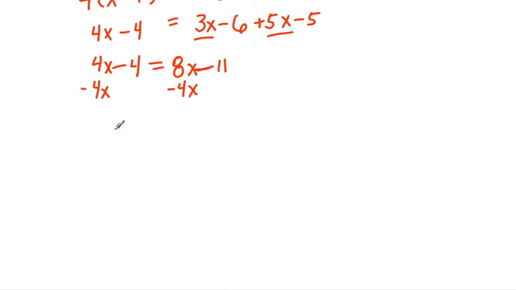So if I move my 4x over, 4x minus 11, and then my x is always positive, so I wouldn't have to divide by a negative. Then add 11 to get 7. Divide by 4.